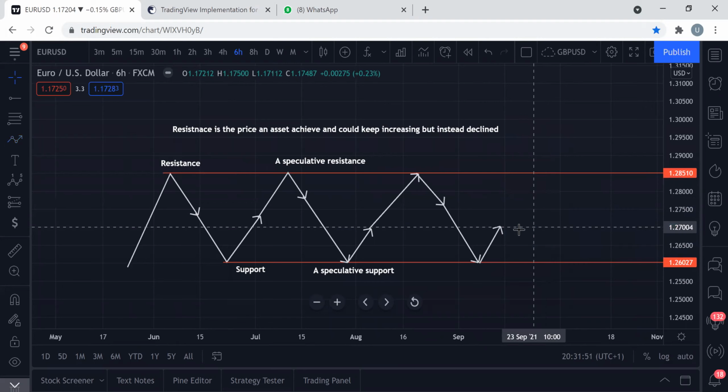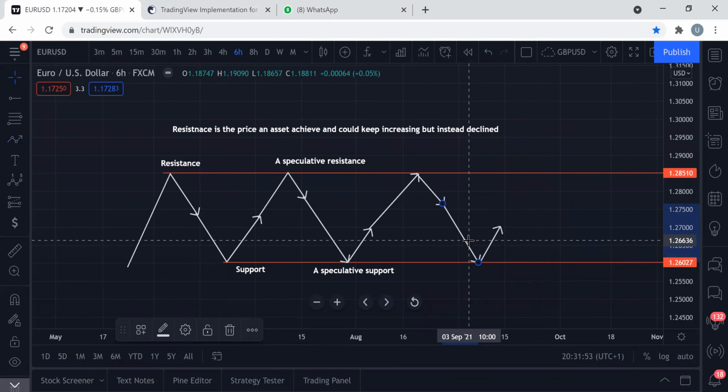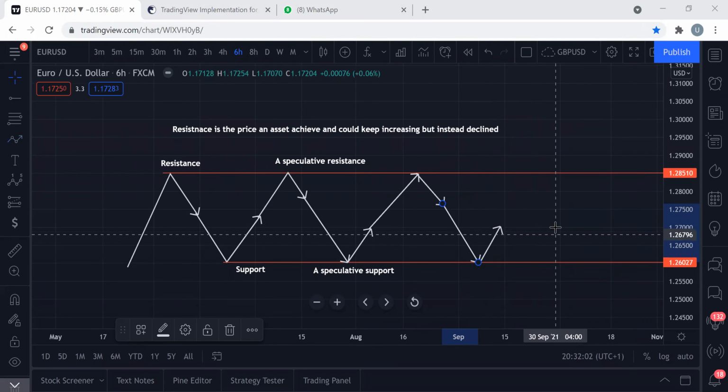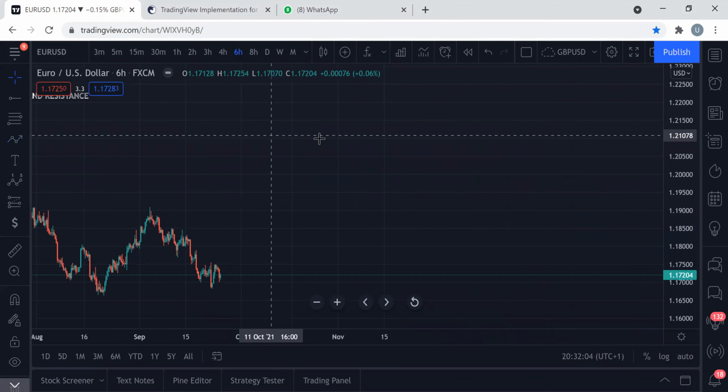Okay. Now, before I proceed, let me explain the psychology behind support and resistance. I'm a farmer, okay?